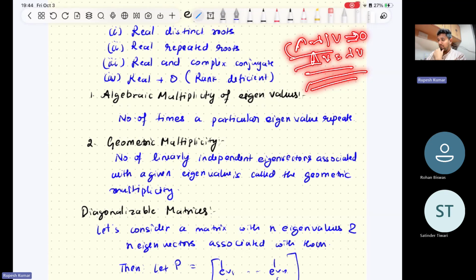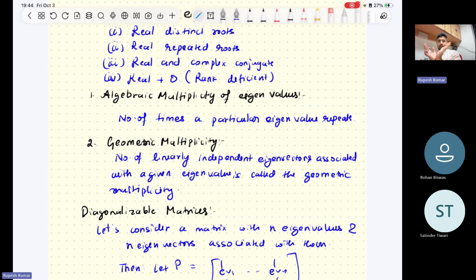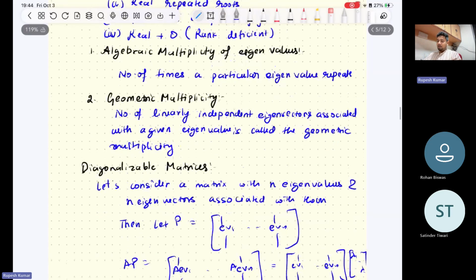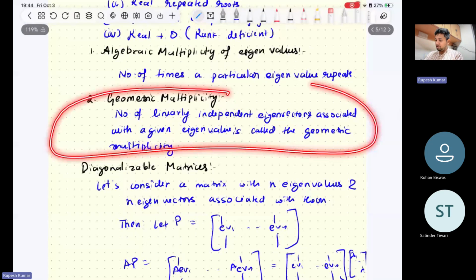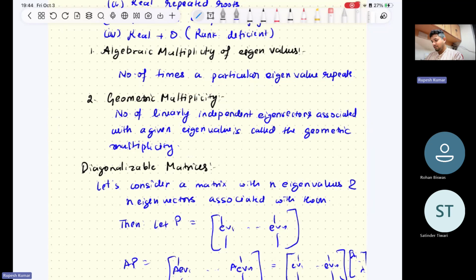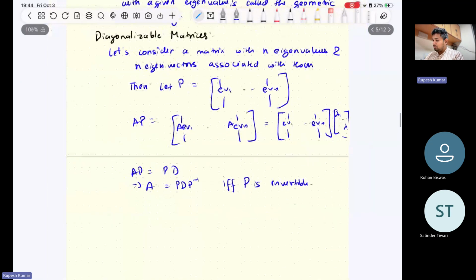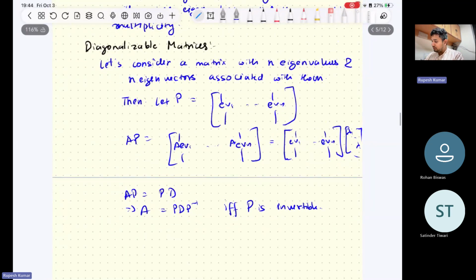The null space of A minus lambda I is itself a space, and a few vectors can span that space, and that gives us the idea of geometric multiplicity. We will see why it is useful, but just know the definition. Now, diagonalizability.